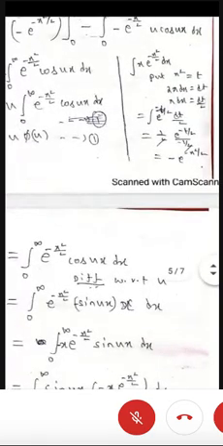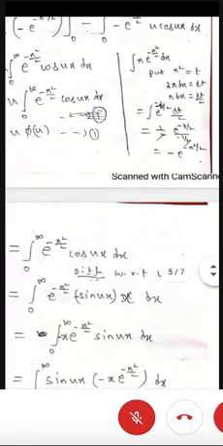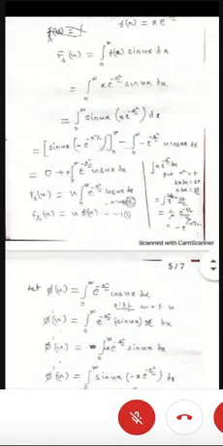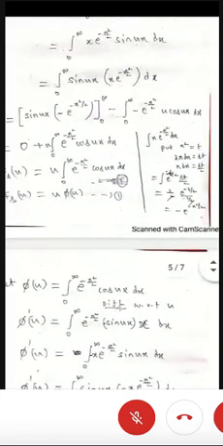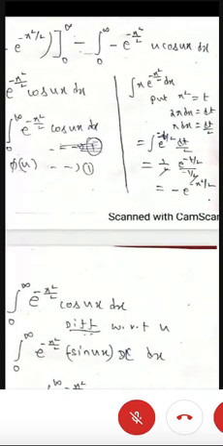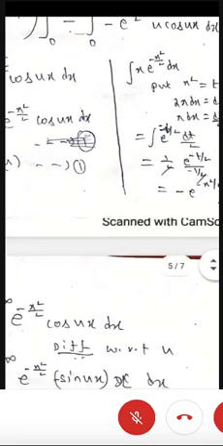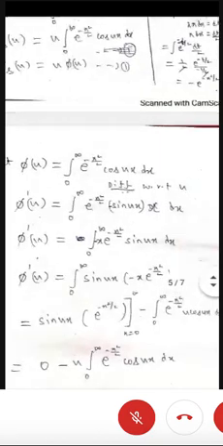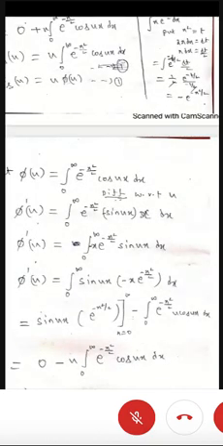Minus into minus is plus. So plus e power minus x square by 2 is the answer for the integration of minus x e power minus x square by 2. Yes, we got it. See that?